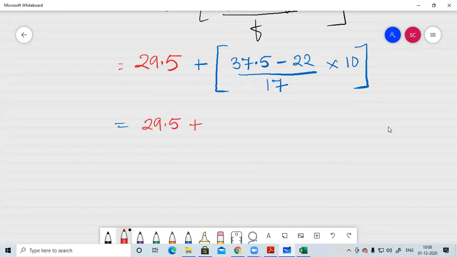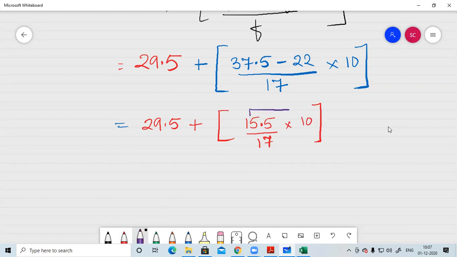So 29.5 plus, 37.5 minus 22 is 15.5 upon 17 into 10. So first we are going to do the multiplication on the top.